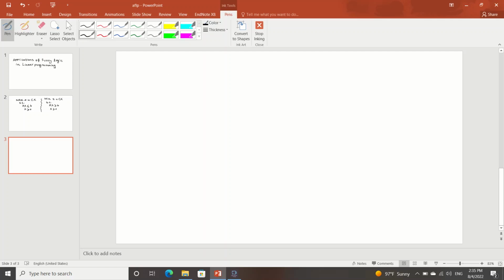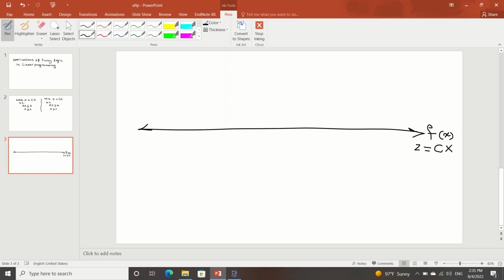In the first place, I'm going to explain the structure of maximization. The horizontal axis shows, for example, fx, the objective function, or z or cx in the linear programming model.